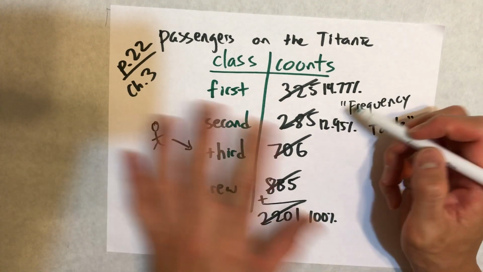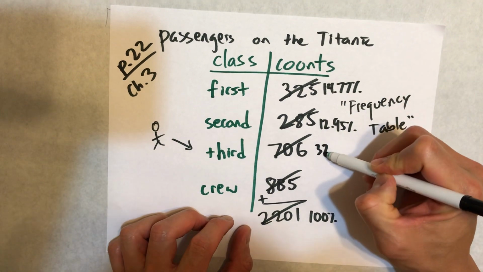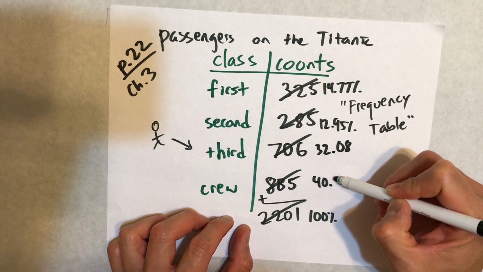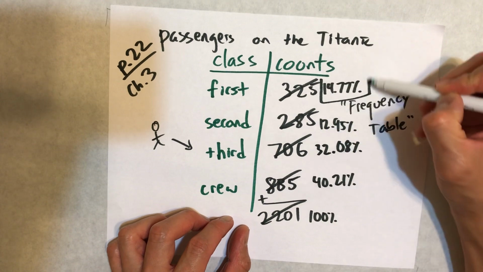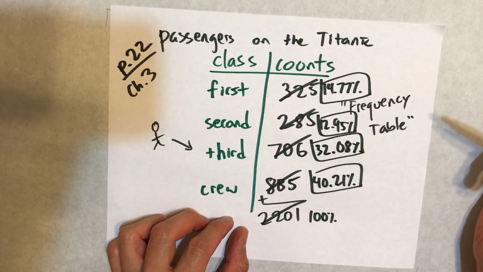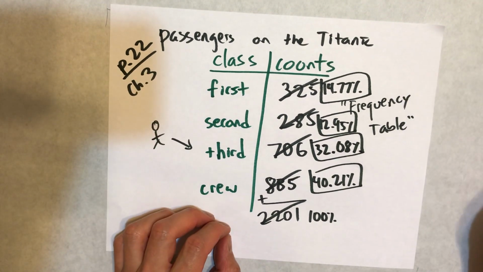What if we change this? This is all in your textbook on page 22. What if we change this to 32.08 and 40.21? So I don't know about you, but these percentages actually give me a better idea of the amount of people that were in each of these classes right here.